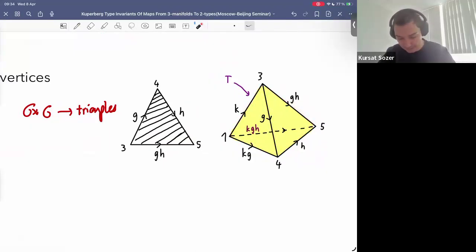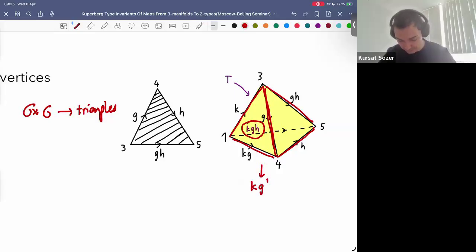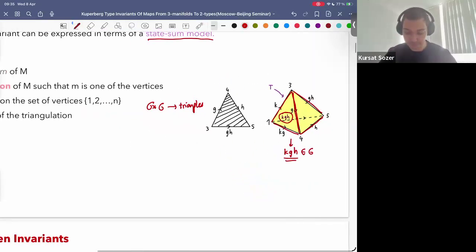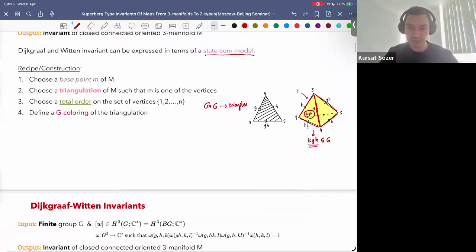So what do we get? We get a triple. In this case, it is going to be k, g, h: if you look at this, k, g, and then g, h, and gh, and this needs to be kgh. So a tetrahedron corresponds to a triple of elements in the finite group. This is a coloring.